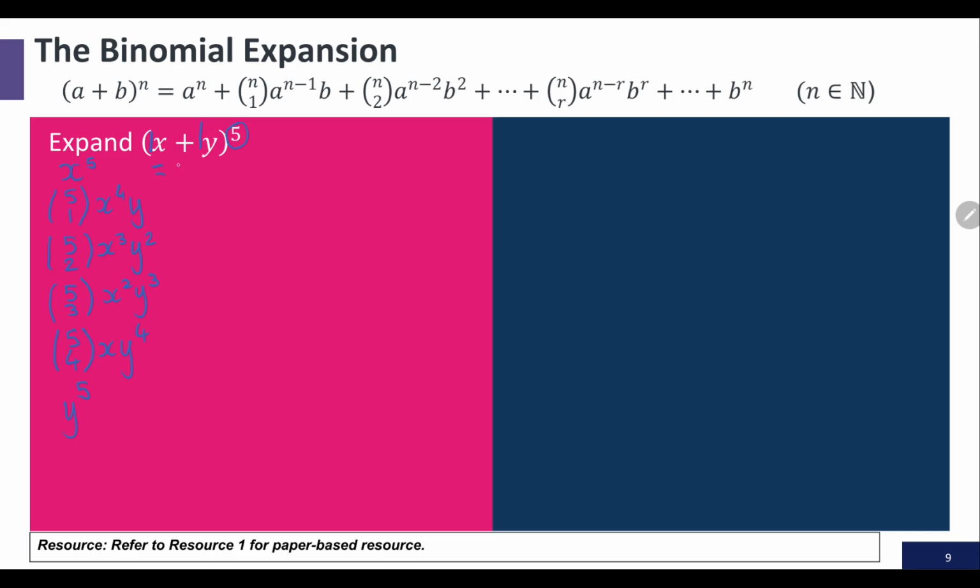So x to the power of 5 is just x to the power of 5. And in my calculator here, 5 choose 1 is 5. X to the power of 4, y to the power of 1. 5 choose 2 is 10. 5 choose 3 is also 10.